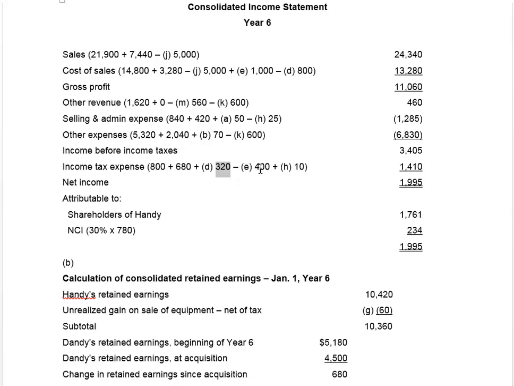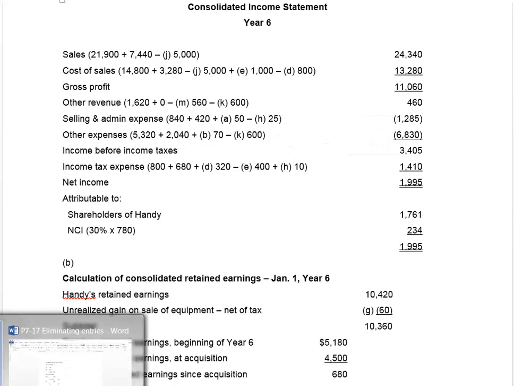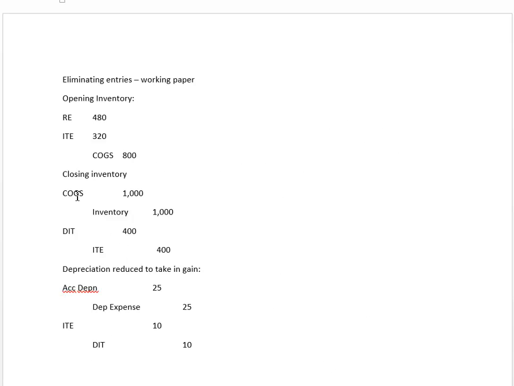And we also had here minus $400, and that occurred as a result of the ending inventory profit that we had. So if you go back to your eliminating entries that we prepared earlier, we had in our closing inventory $1,000 of intercompany profit that the consolidated entity couldn't book, but that also meant that the consolidated entity set up a deferred tax amount for it, because recognizing that some entity has paid the tax on it, they set it up as a deferred tax item, an asset, and we reduced the income tax expense for the consolidated entity for the year.